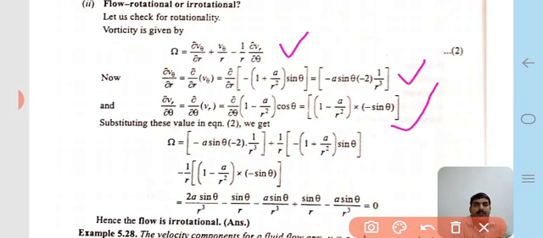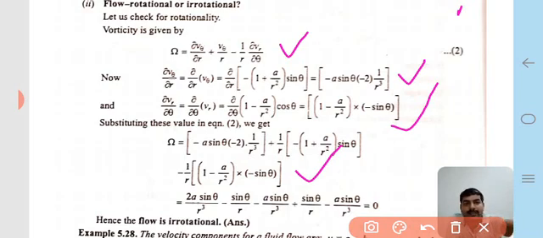Putting the values into the vorticity equation, vorticity is equal to minus a sin theta into minus 2 by r cube, plus 1 by r multiplied by minus (1 plus a upon r square) sin theta, minus 1 upon r multiplied by (1 minus a upon r square) into minus sin theta.